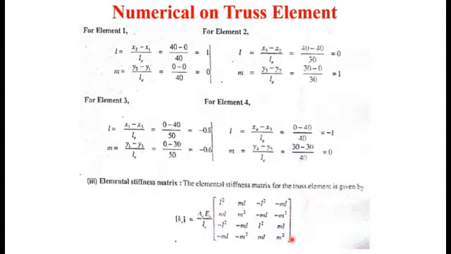This is the equation which we already saw in the previous lecture. This is the Ke stiffness matrix for an element. So again we will calculate the stiffness matrix for all the elements.